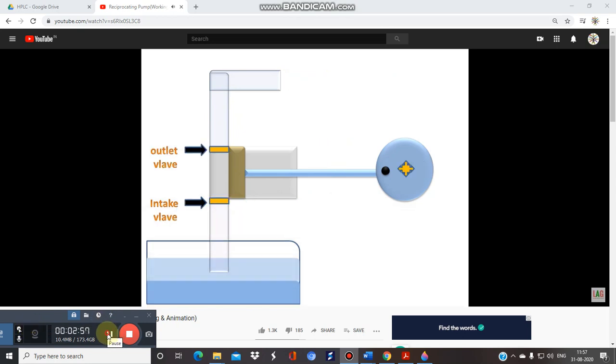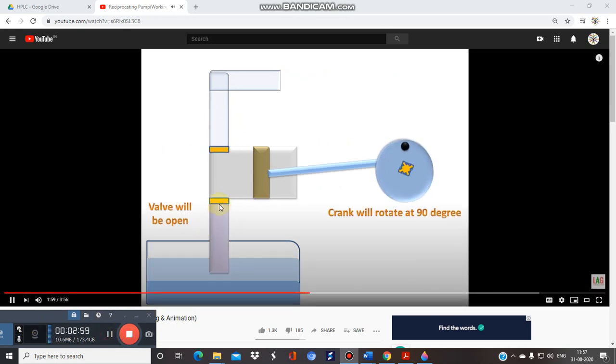There are two valves, the inlet valve and the outlet valve. With the help of the crank, you will rotate it: first 90 degrees, then 180 degrees, then 360 degrees. The water present here, or the solvent reservoir, the mobile phase in the case of HPLC, will go here when the first valve opens, then it will go to this place, and finally up to the discharge valve.